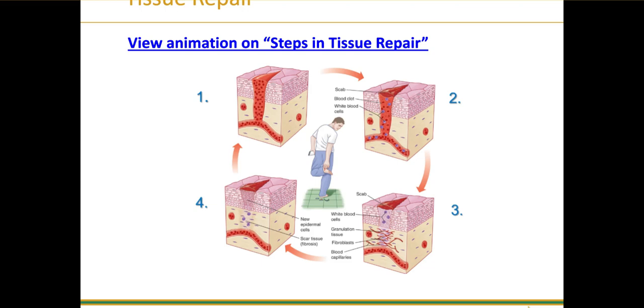This mostly occurs in the skin, usually when you have a cut or a scrape, and the process is called regeneration. The next way a tissue can repair itself is called fibrosis. This is when the damaged tissue is replaced by scar tissue. The scar tissue is mainly composed of a substance called collagen.